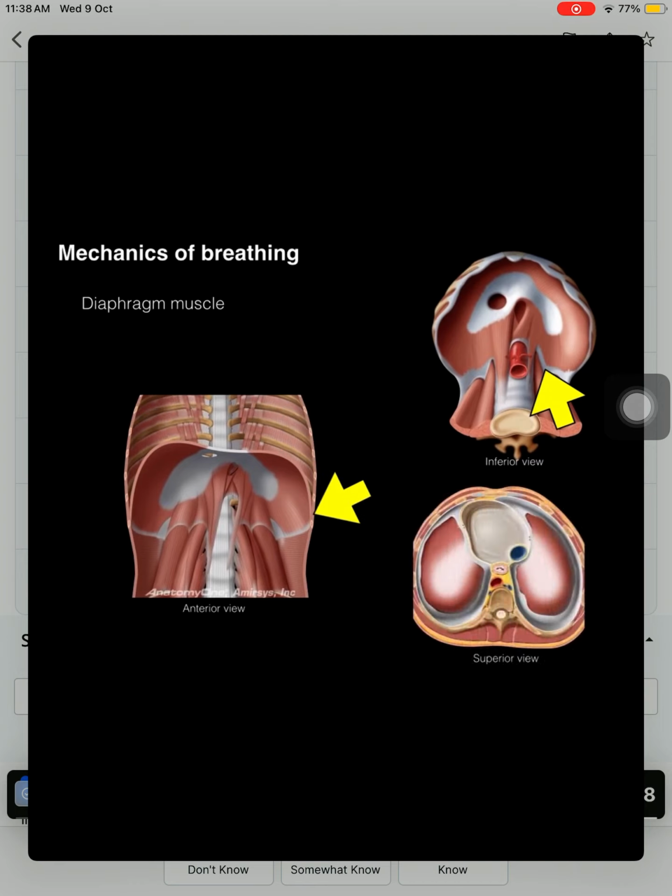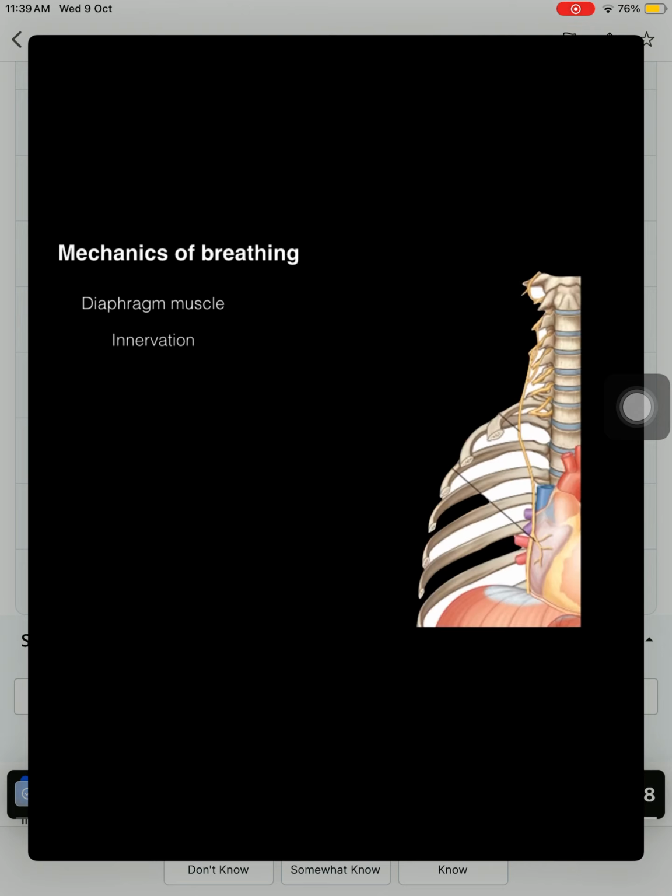And if we see this cross section from a superior view, the lungs attach to the top of this. And if we remember from the parietal and visceral pleura, those pleural membranes and the pleural fluid, it then provides this hydrostatic pressure attached to the diaphragm. So whatever the diaphragm does, the lungs are going to follow. The diaphragm is innervated by this somatic nerve called the phrenic nerve.